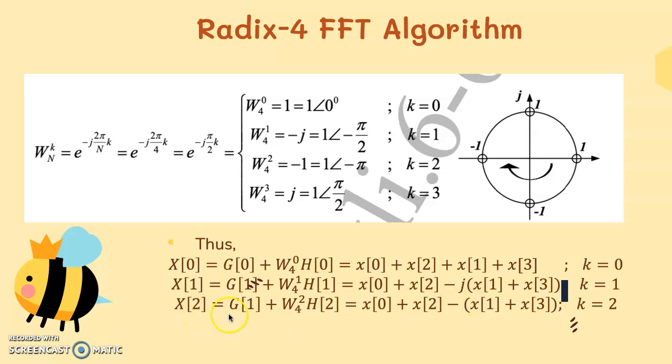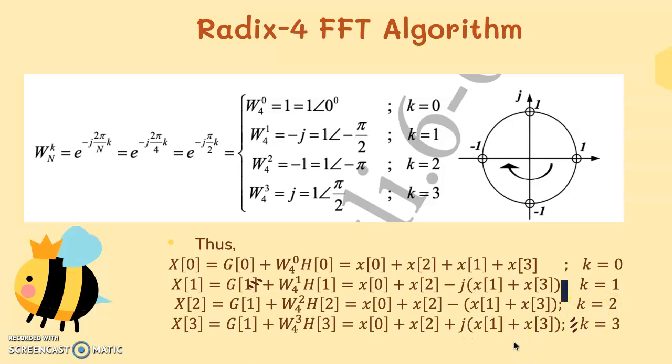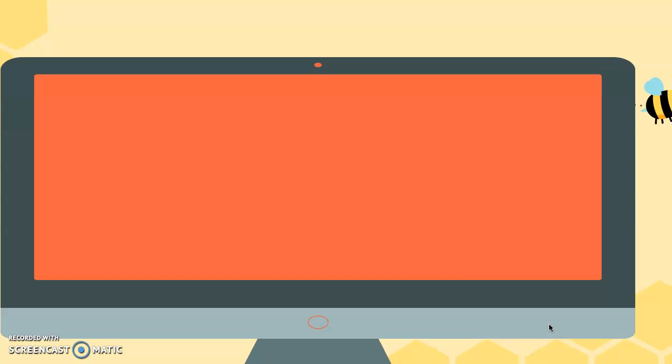Okay, for X2, G2 plus W_4^2 H2, so it becomes x0 plus x2 minus (x1 plus x3), for k equals 2. And finally X3 becomes x0 plus x2, plus j times (x1 plus x3), for k equals 3.